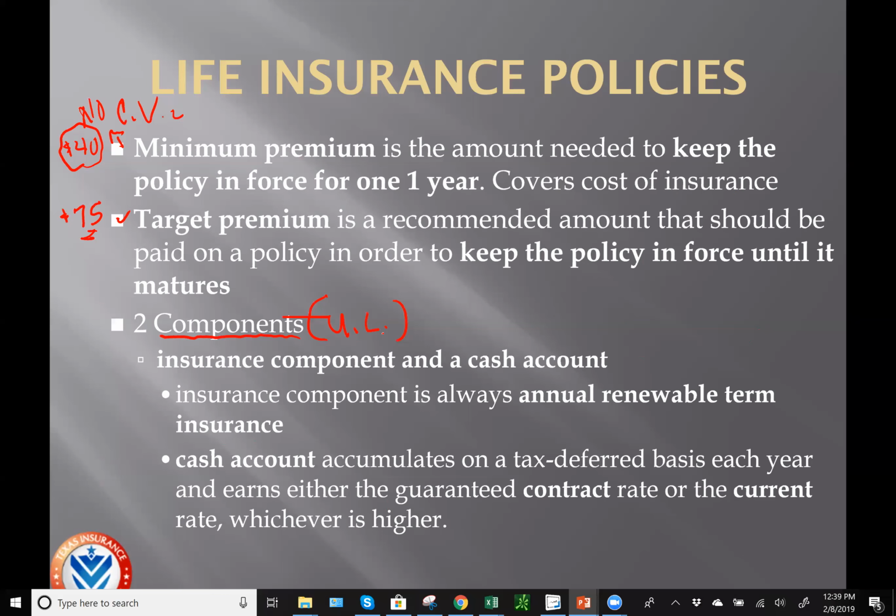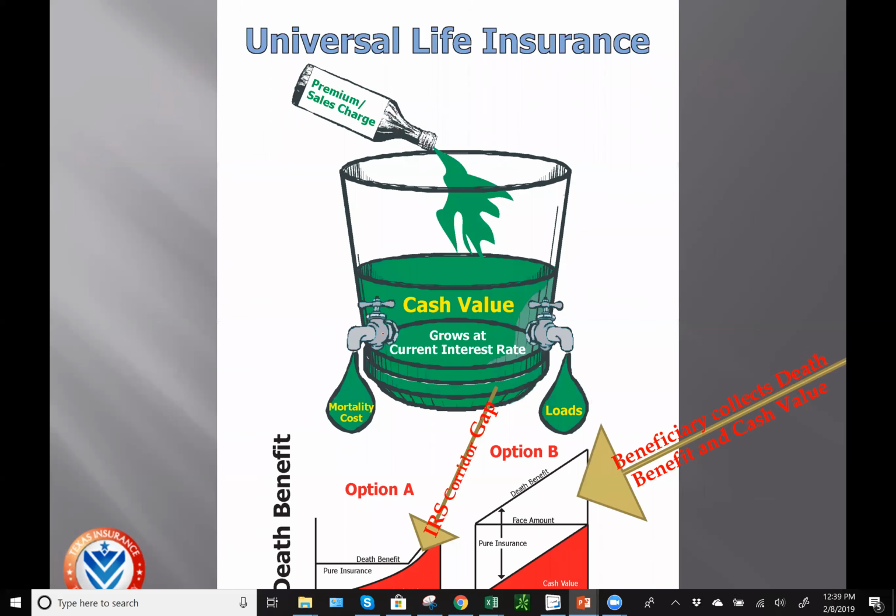So let me show you a couple of things here. Let's say on a universal life policy, the premium is $75 every month. Well, when you pay that $75, not all of it is going to build cash value. First, they have to take out for the mortality cost, which is the life insurance piece. And remember, a minute ago, I said, how much was that? $40 a month. Okay, so that leaves 35, but then there's also what they call loads. That's just the expenses.